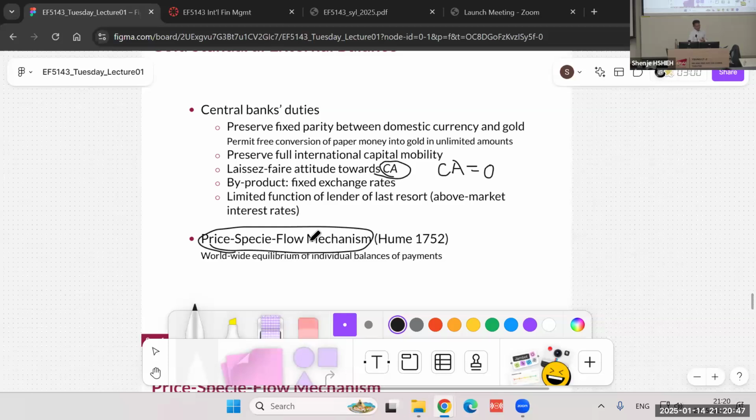Their only task is to maintain the peg or the conversion rate between their currency and gold. There's no lender of last resort, no bailouts, because any sort of bailout will change the conversion rate between dollars and gold. Okay, they can't change money supply. The byproduct, as I mentioned already, is that if everybody has a fixed exchange rate with gold, then by definition, exchange rates are deterministic. They are fixed.